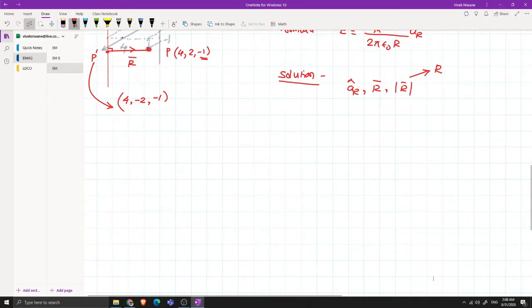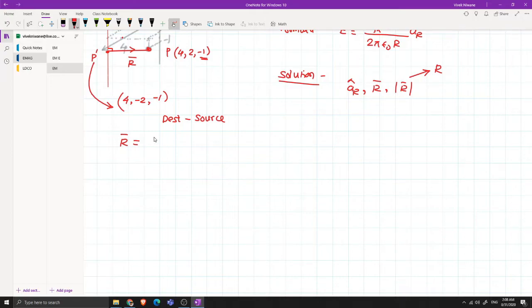So we do have, I will write over here, R bar is calculated as? Do you remember that we used to have destination minus source coordinates? Okay, destination minus source coordinates.